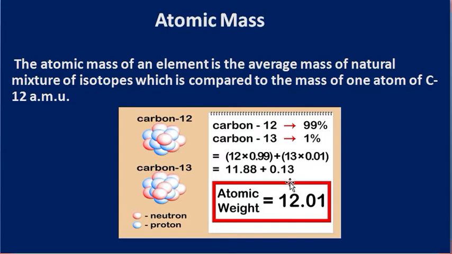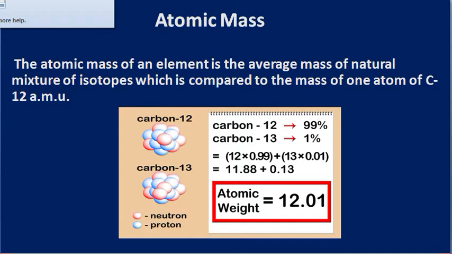When we add 11.88 and 0.13, it becomes 12.01, right? So this is the atomic mass of one carbon atom, which is a ratio of two isotopes.